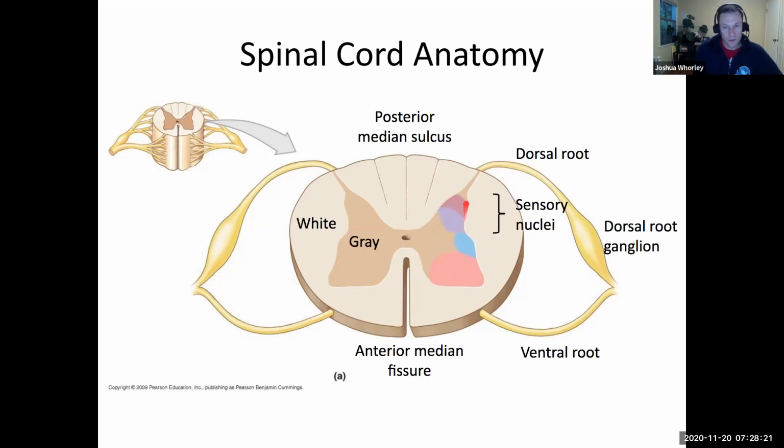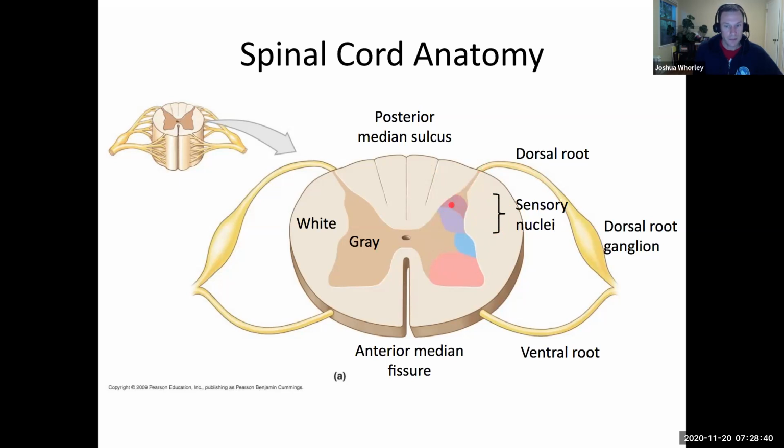Here in the dorsal horn, you have the cells of sensory nuclei that are receiving information. So these are basically relay nuclei, right? Here is where we have the cell bodies of those sensory neurons.